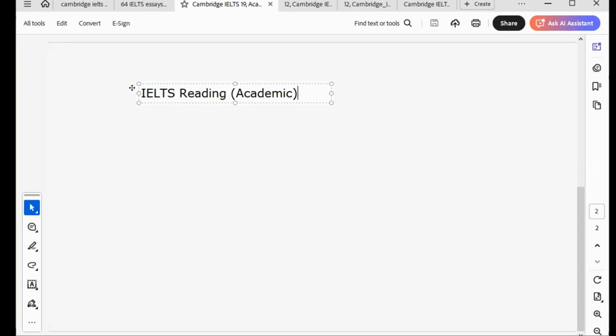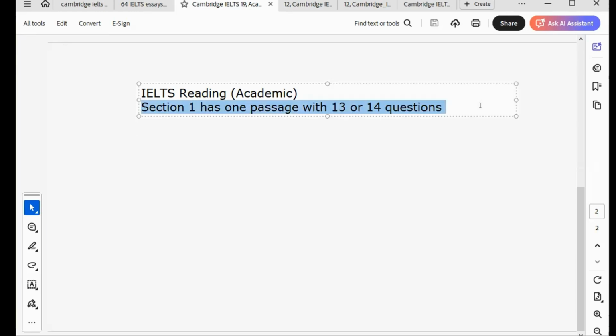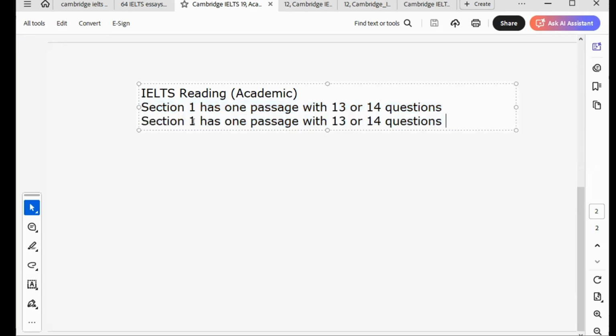You have 3 sections. Section 1 has 1 passage with 13 or 14 questions. That's what you see for IELTS Academic. Okay? The same thing with what? Section 2. 1 passage with what? 13 or 14 questions. And then section 3 too has 1 passage with what? 13 or 14 questions. That's what you see in IELTS Academic.